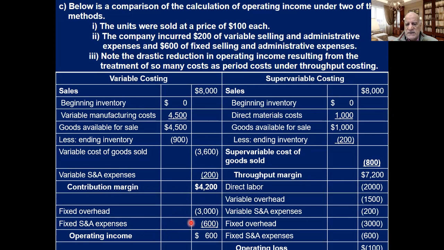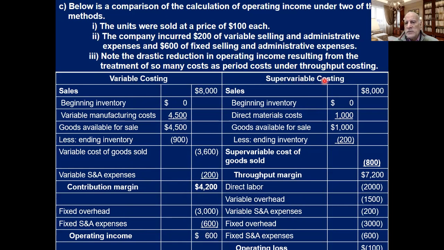Both of these are subtracted from the contribution margin, and the result is operating income, which equals $600. Notice that under this method, the operating income was $600, to be compared with the result under super variable costing.